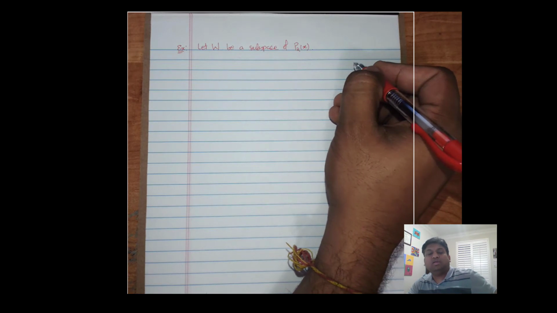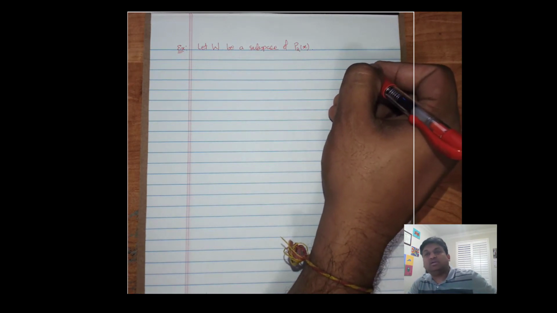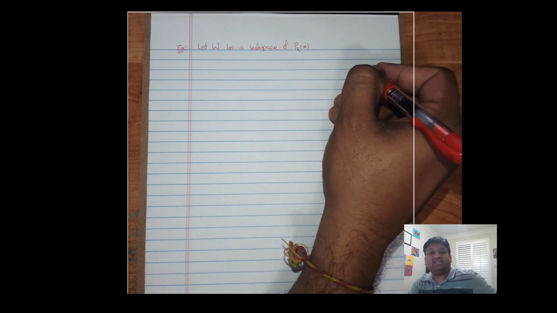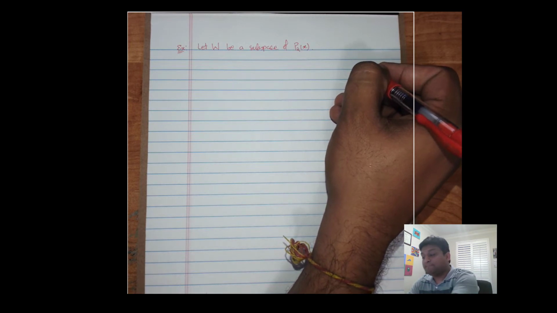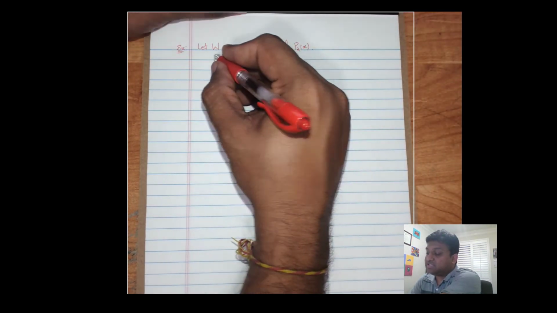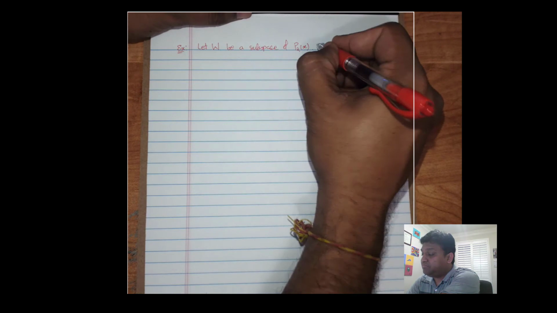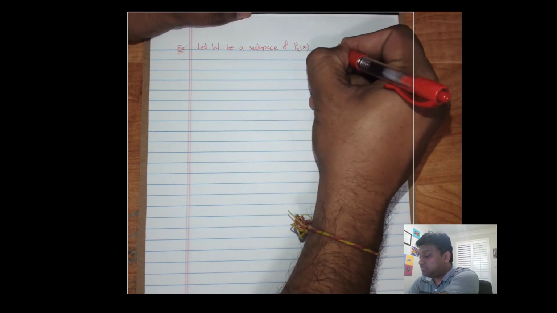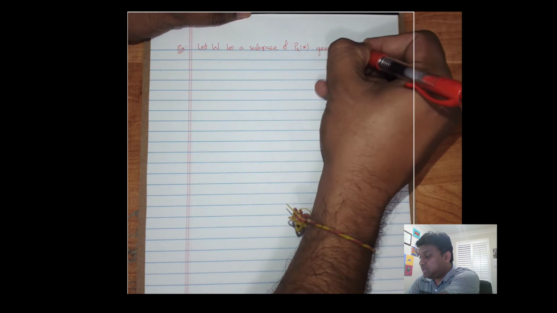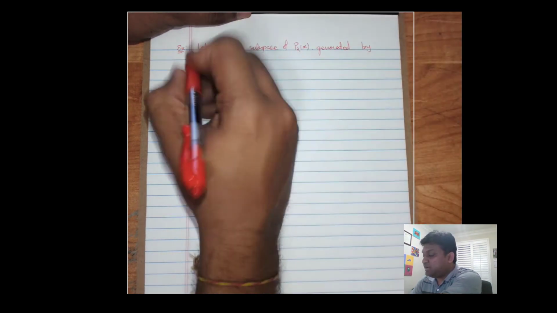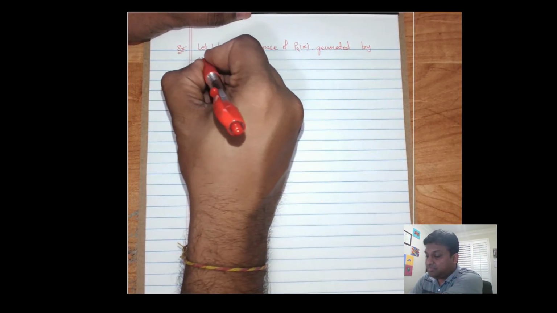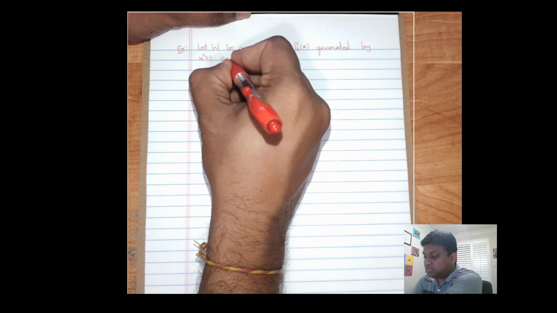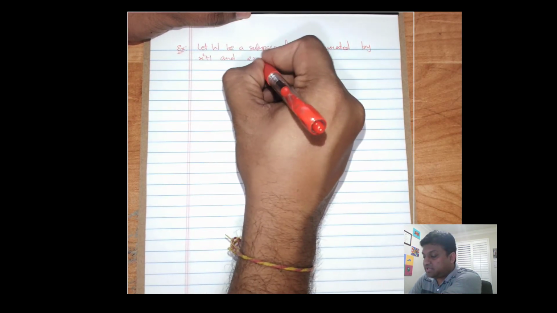P2X is a polynomial vector space consisting of polynomials of degree less than or equal to 2. Suppose I give you a subspace of P2X generated by, let's say, two polynomials, x square plus 1 and 2x plus 7.